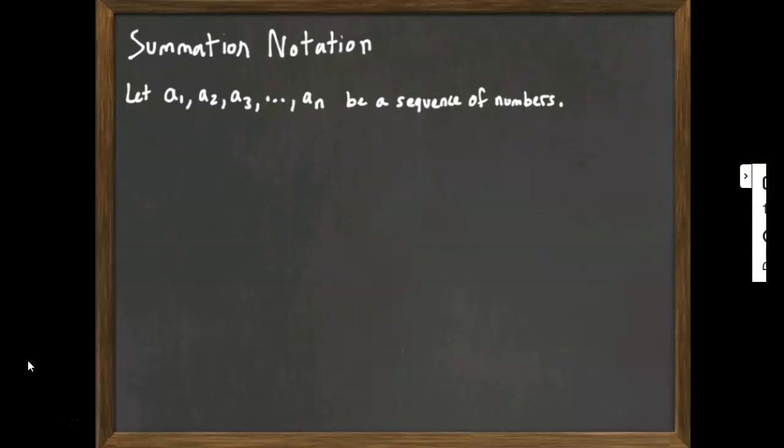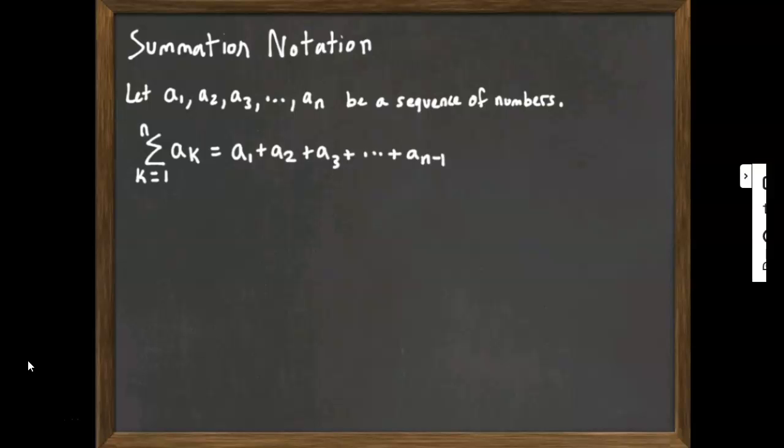Let A1 up through AN be some sequence of numbers. That could be just a list of numbers. It's very often a list of numbers that's defined in terms of some function, some formula.